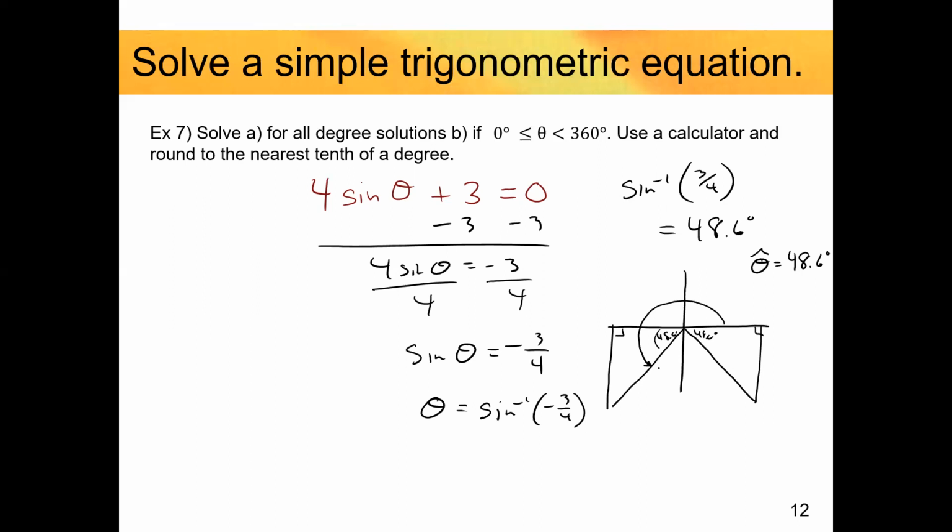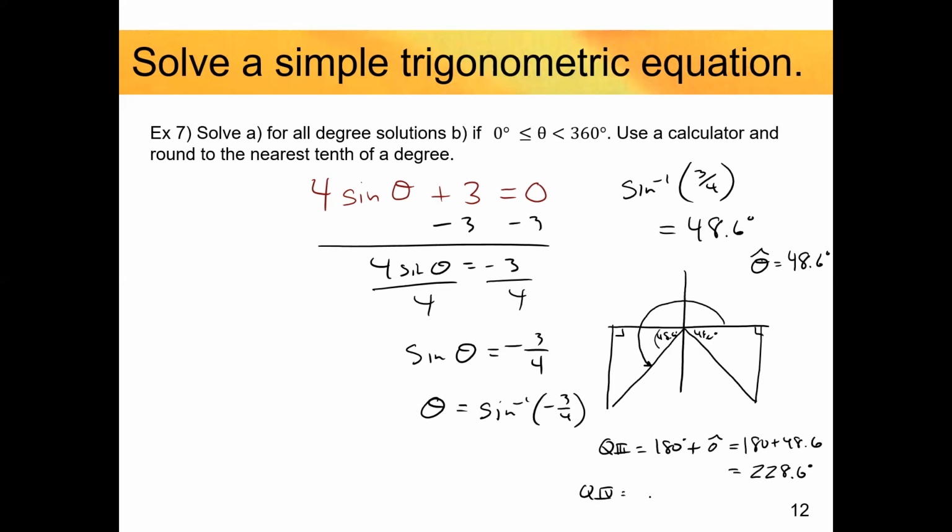In quadrant 3, we take 180 degrees and add the reference angle, and we get 228.6. In quadrant 4, what do we do?